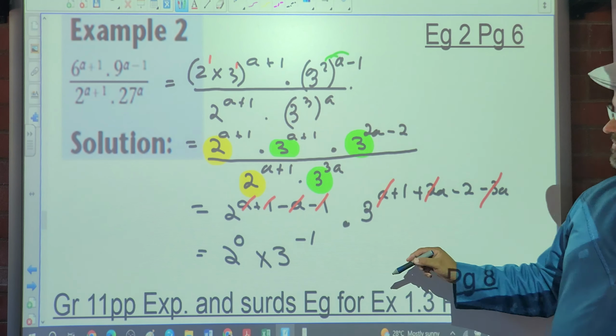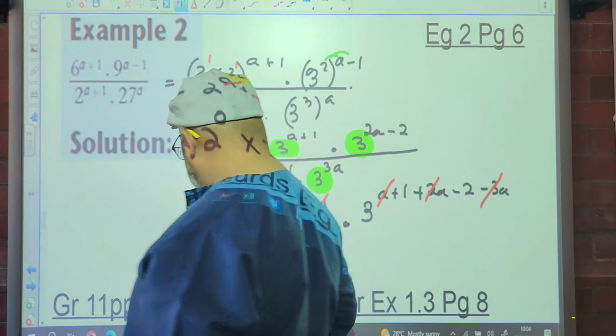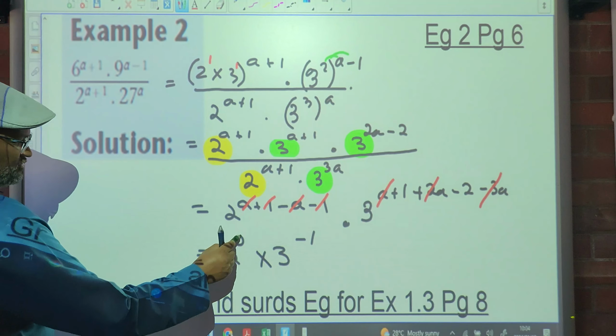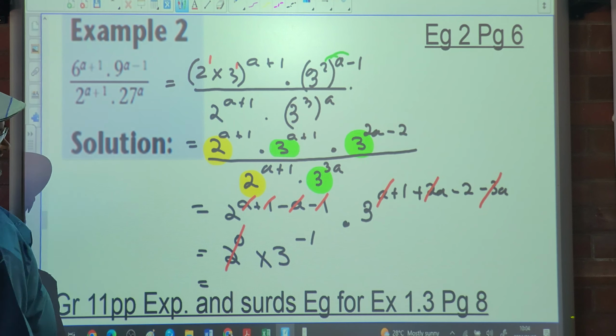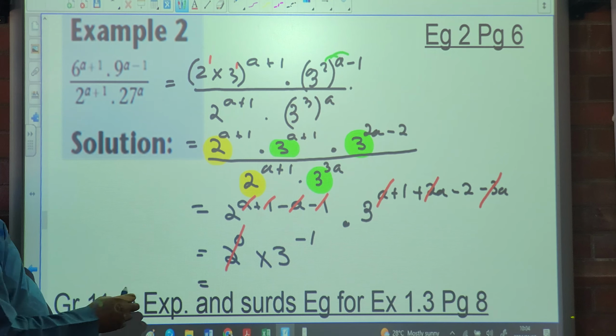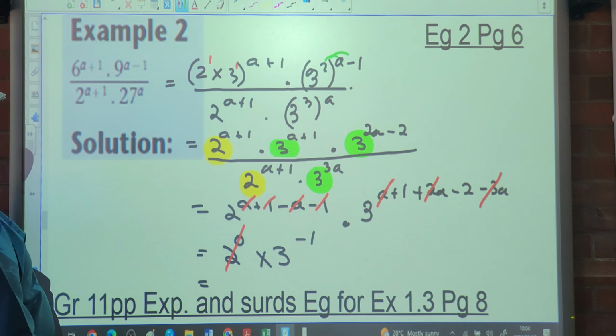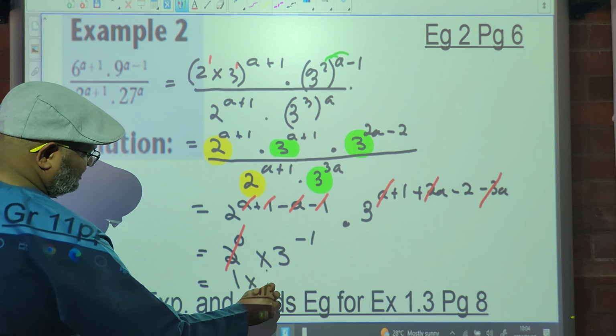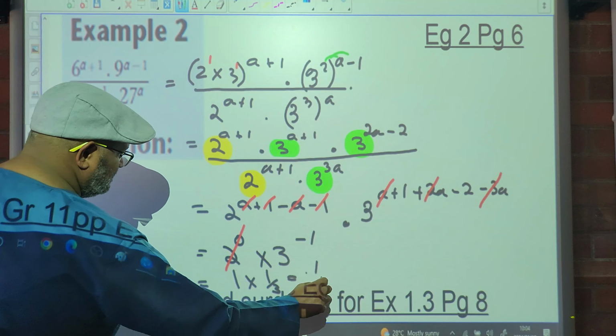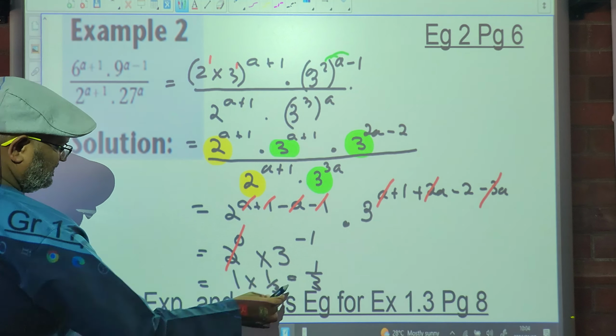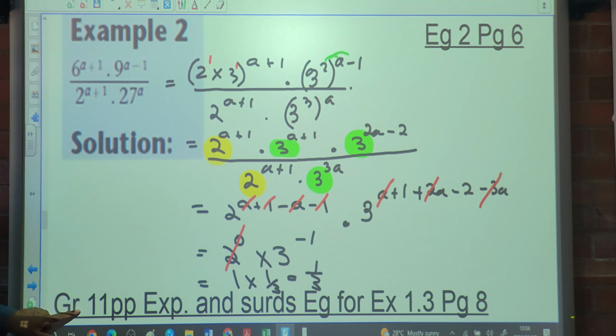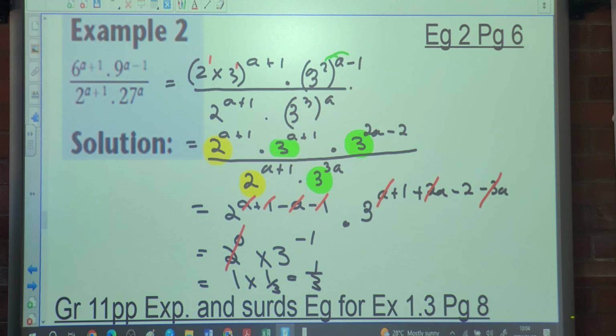People, anything to the power 0 is 1. So this becomes 1, and 1 times anything is that number. 3 to the minus 1? So it's actually 1 times 1 over 3. Or you could have gone from this straight into that. Was there any confusion? No.